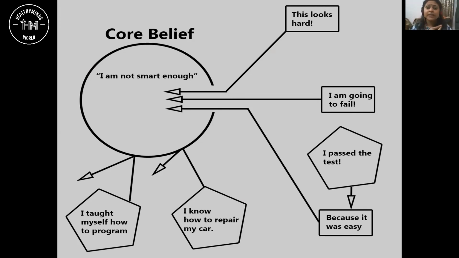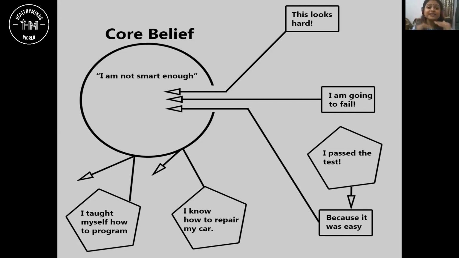One, when he looks at, say, the webinar, or even in life he is taking up some new course, and he looks at the material and he feels like, oh, this is just too hard and I will never be able to achieve it. Why? Because I am incompetent, I am just too dumb, I will not be able to do it, or I am going to fail. And whenever this negative data is being received, now this negative data will be processed.